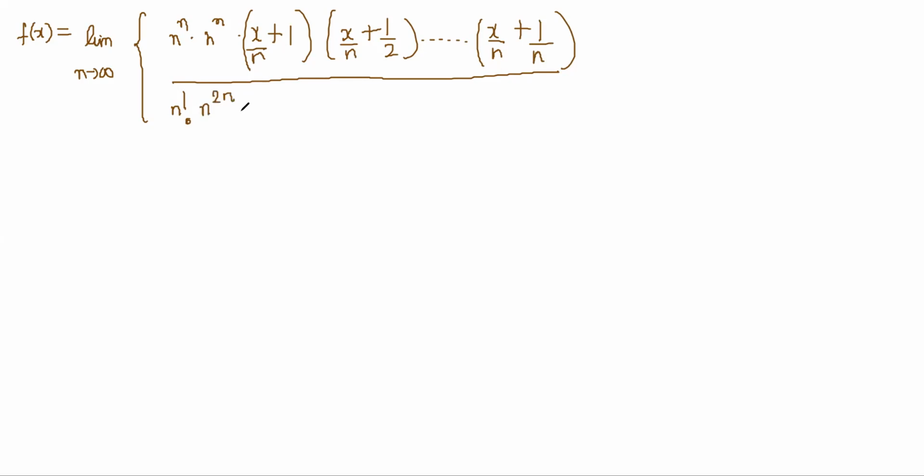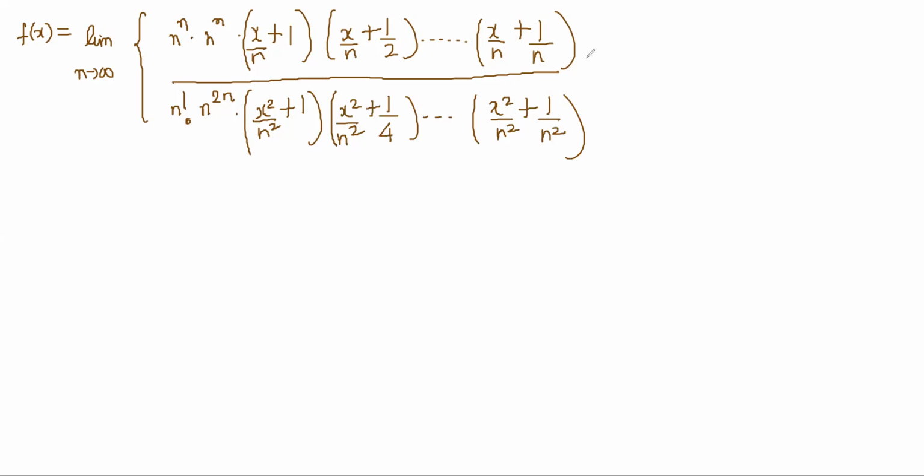Yes, n power 2n, and it will become x square by n square plus 1, and x square by n square plus 1 by 4, and so on. x square by n square plus 1 by n square, right? Correct. This is the thing, and the power is x by n.